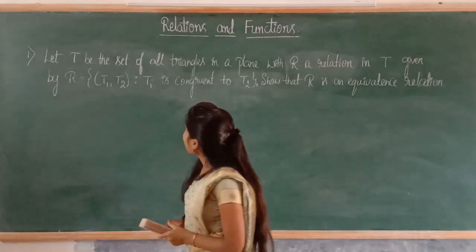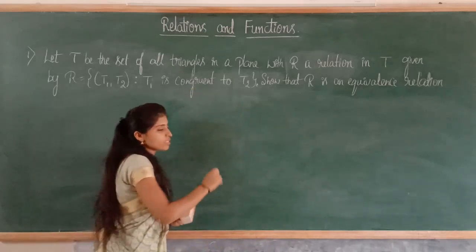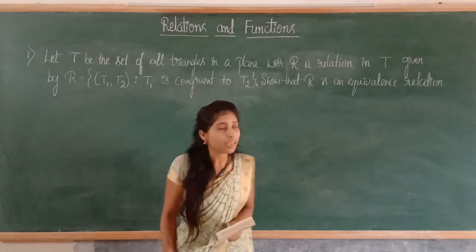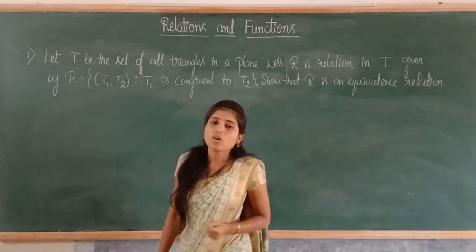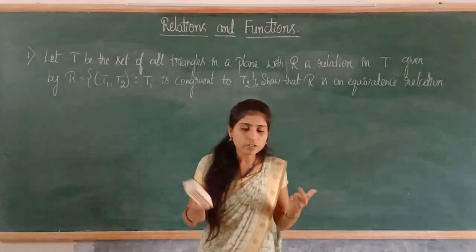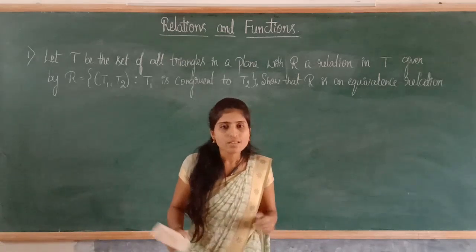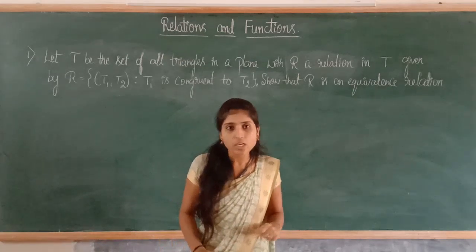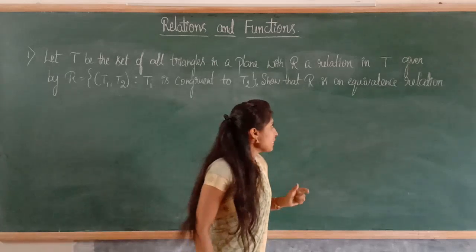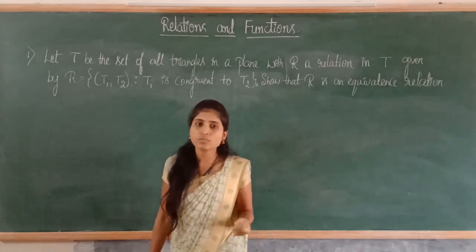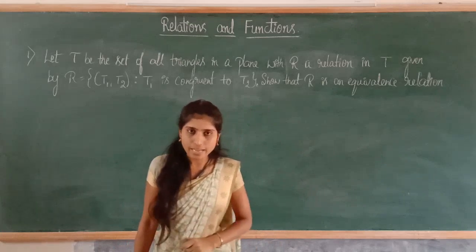In a set of all triangles in a plane we see all types of triangles. Then the given relation is T1 is congruent to T2. Congruent means if you take two triangles, both shape and size should be the same in both the triangles. So for that we call it congruent. What we have to show here is that R is an equivalence relation, which means we have to satisfy the conditions reflexive, symmetric and transitive.